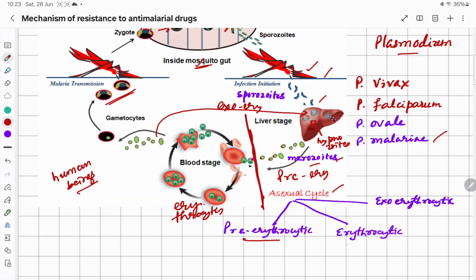Then attacks the RBC, that is the erythrocytic stage. And some of the merozoites can attack the fresh liver cell again, and they can be stored there as the dormant forms, hypnozoites, and that is called exoerythrocytic stage. And exoerythrocytic stage is absent in Plasmodium falciparum and Plasmodium malariae.